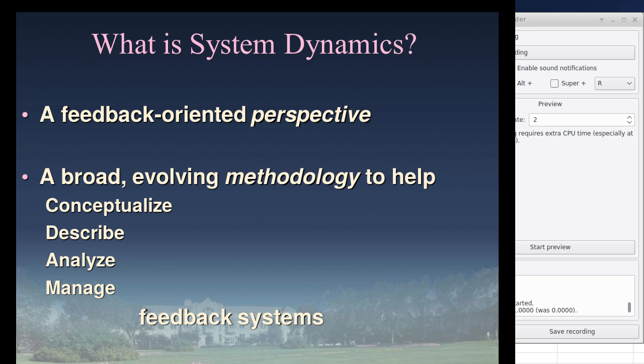magnetic core memory. Jay in the late 1950s got really interested in ways in which techniques and insights from those areas could be applied to organizational systems and to describing systems in the world more generally, so that we could better control those systems.